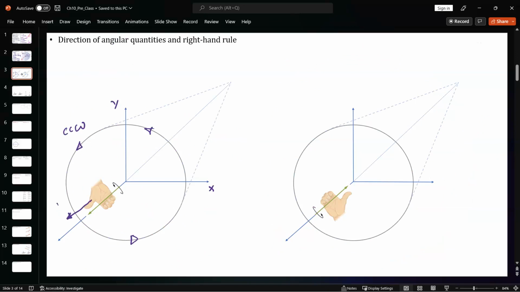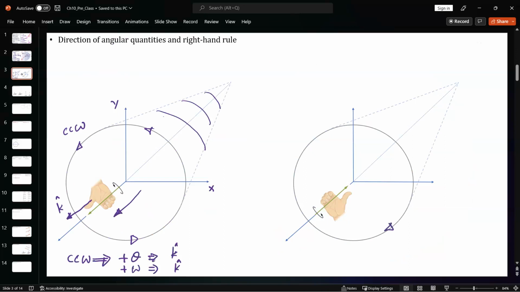That is your k hat direction. That's why we generally say counterclockwise rotation means positive theta. The theta is along the k hat direction. Omega is also positive for this case because it is along the positive k hat direction. If you consider this like a screw, then the screw starts to move in that direction. That's the idea of the rotational quantity direction.